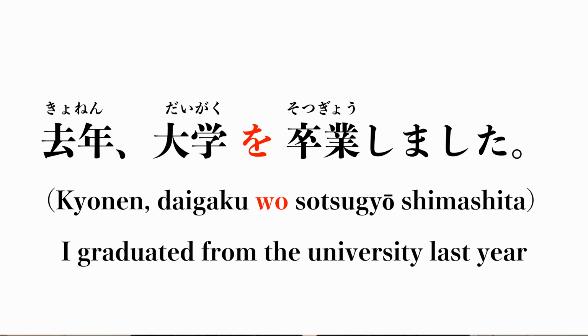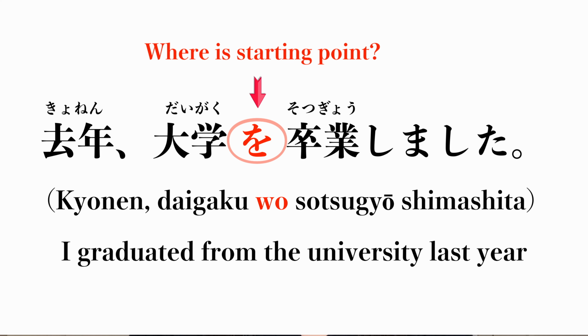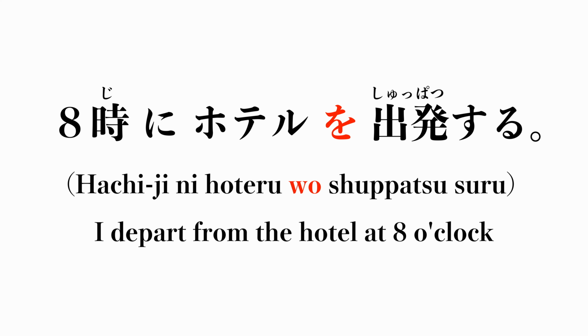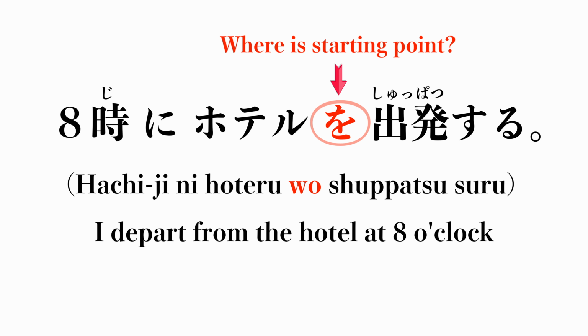In the first sentence, を marks the starting point as 大学, University, indicating that the university is the place being left. Similarly, in the second sentence, を marks the starting point as ホテル, Hotel, indicating that the hotel is the location from which the action of departure originates.